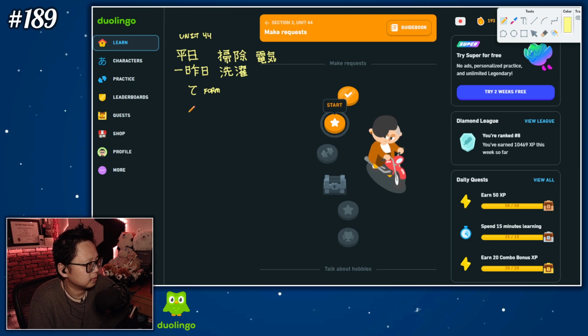Examples. So let's say imperative, right? So we have imperative, and imperative also, we can separate into our ichidan examples.